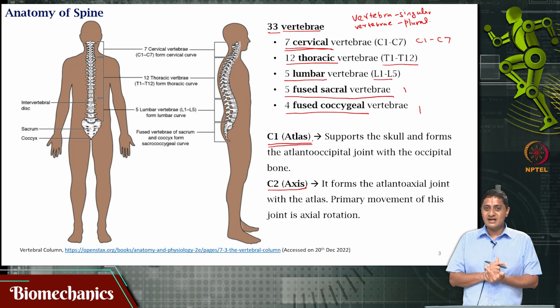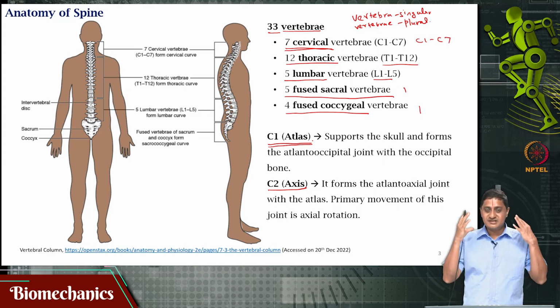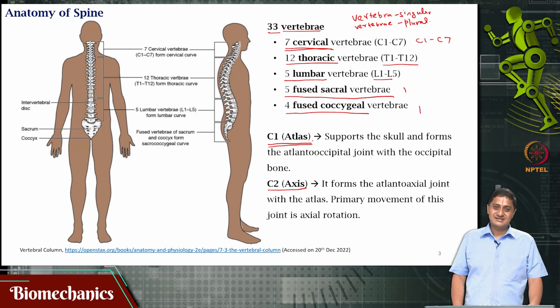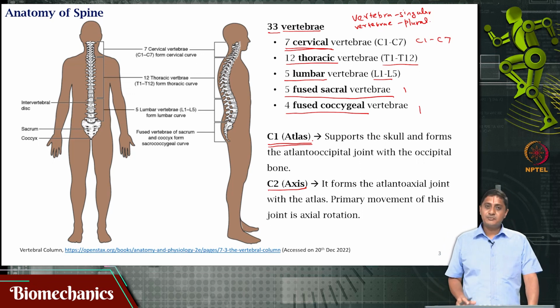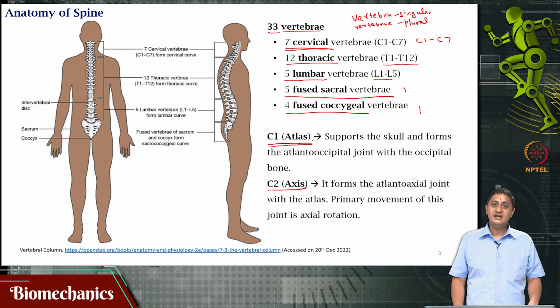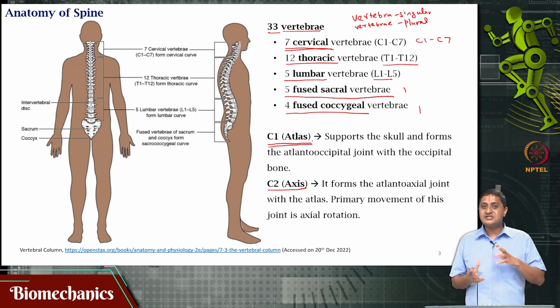So, the atlas happens to be the vertebra on which the skull, on which the head, sits. Essentially it provides a receptacle, a sort of seat for the head to sit on. So, the shape is such that it will seat the head.